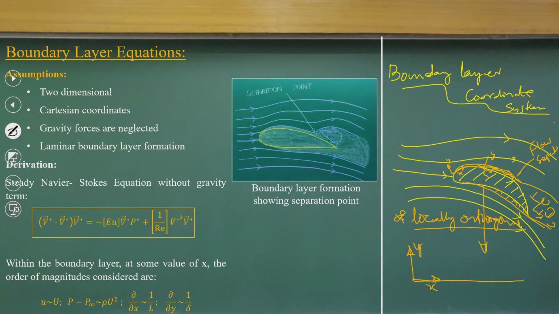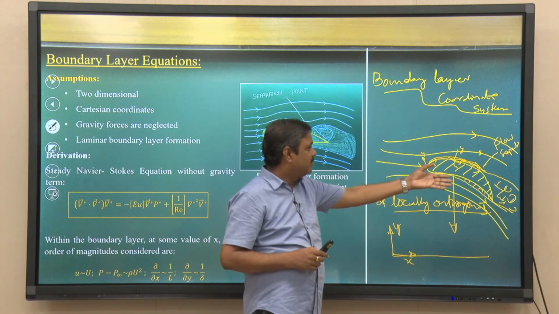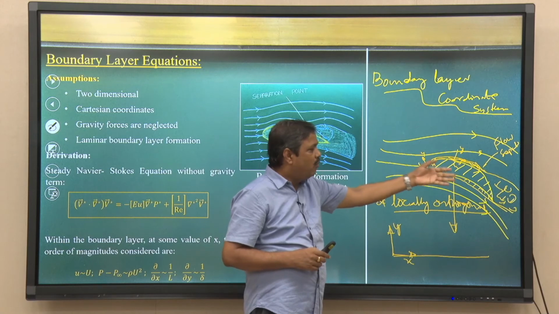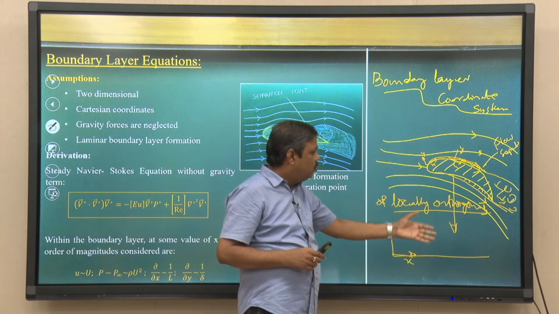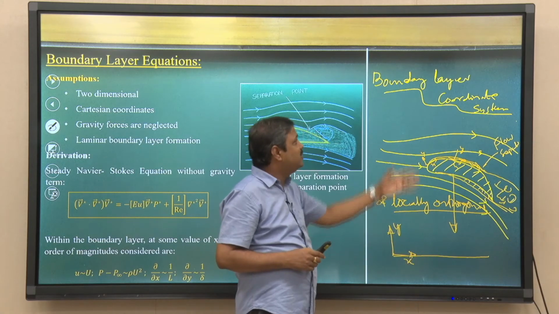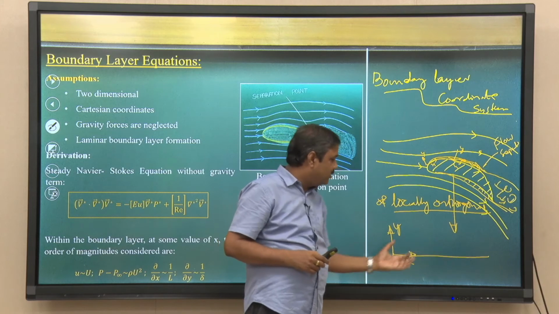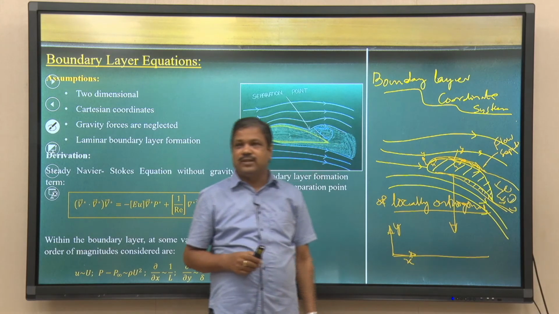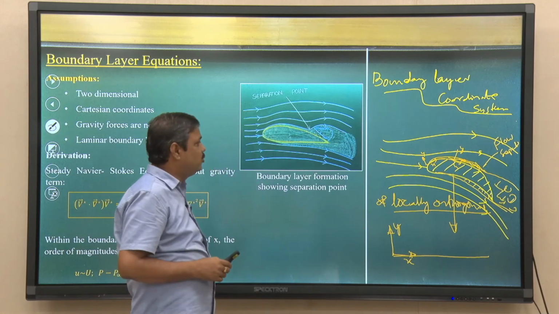That is the basic way to transform any flow field over a curved body like an aerofoil to a locally orthogonal coordinate system, called the boundary layer coordinate system, where x and y are perpendicular to each other. That is the local transformation we use.